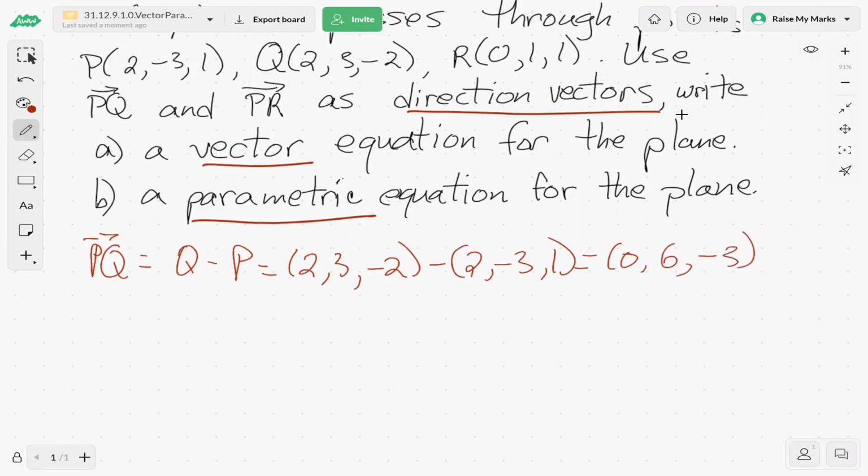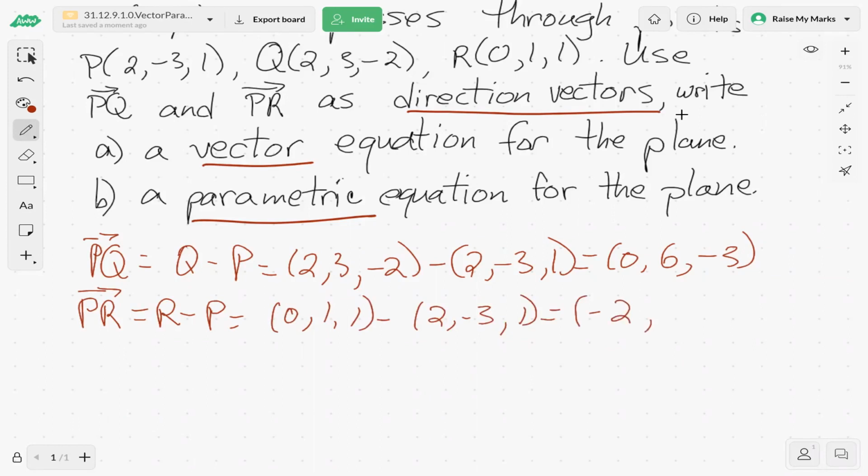That's our first direction vector. The second one is PR, R minus P. Then we have (0, 1, 1) minus (2, -3, 1). So this equals -2, 1 minus negative 3, which is 4, and 1 minus 1, which is 0. So let's label these direction vectors as N and M.